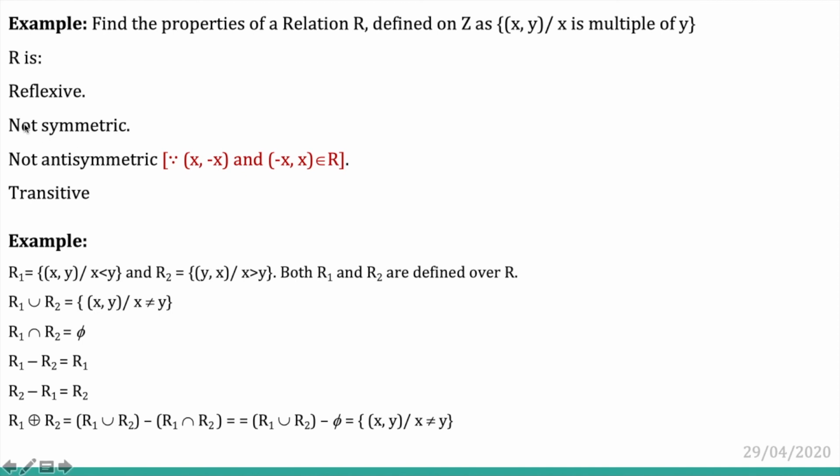But importantly, this relation is not antisymmetric either. This is because both x and minus x are multiples of each other, and the presence of such ordered pairs in relation R does not allow it to be antisymmetric. This relation is transitive because whenever x is a multiple of y and y is a multiple of z, that inherently means that x is a multiple of z as well.